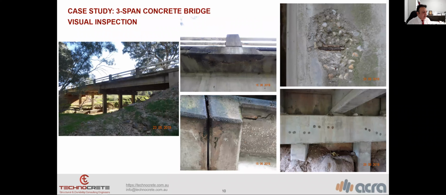Okay, this case study is for a three-span bridge. You can see the different defects we have: concrete spalling due to corrosion of steel reinforcement and cracks on the abutment of the structure of the bridge.